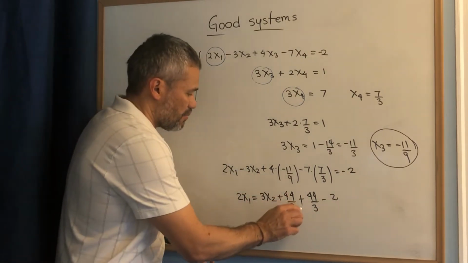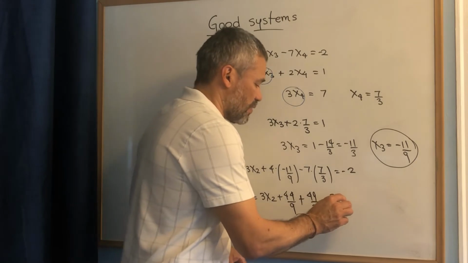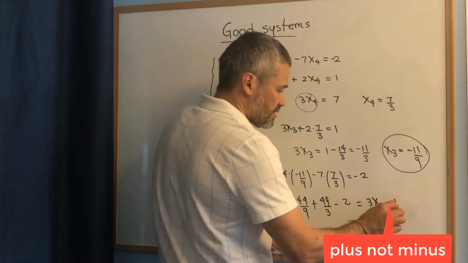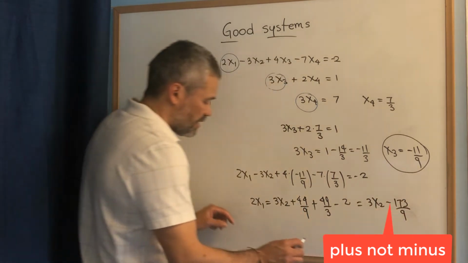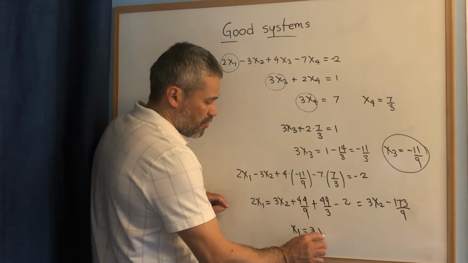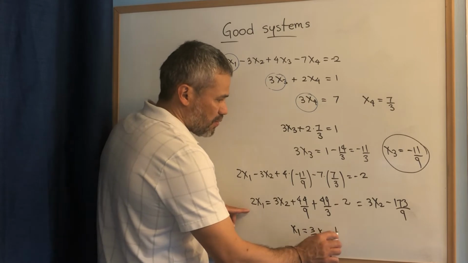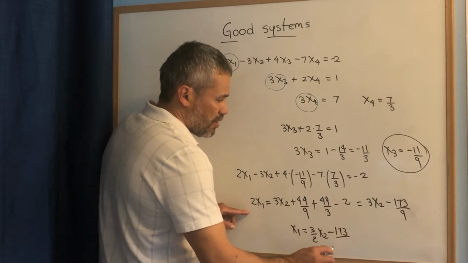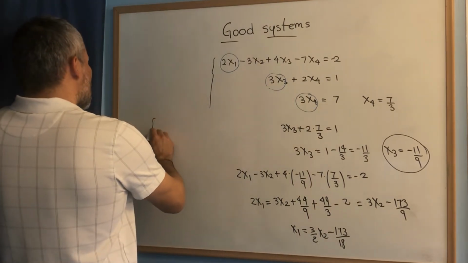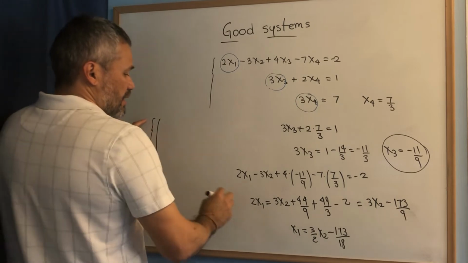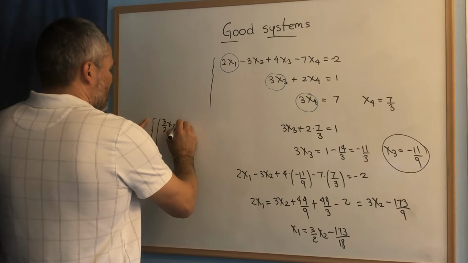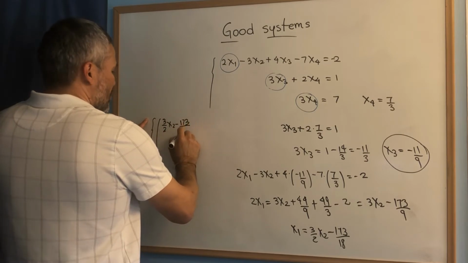Sorry, here is a plus. And this is equal to 3x2 minus 173 over 9. And that means that x1 is 3/2 of x2 minus 173 over 18. That means that the solution set for this equation would be like x1 is 3/2 of x2 minus 173 over 18.